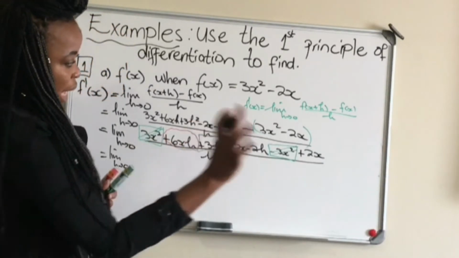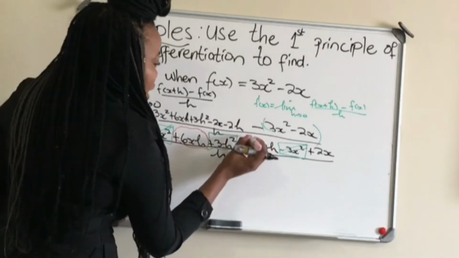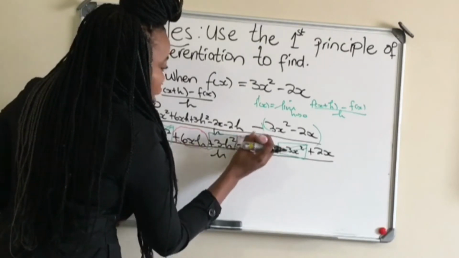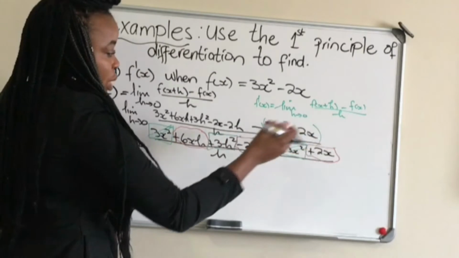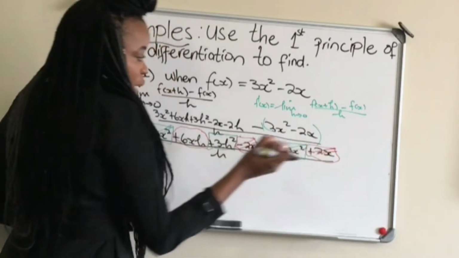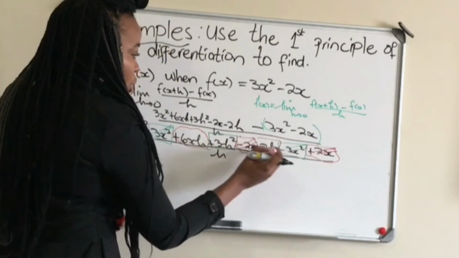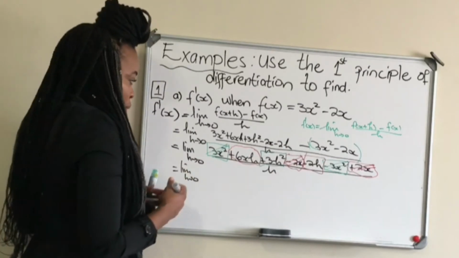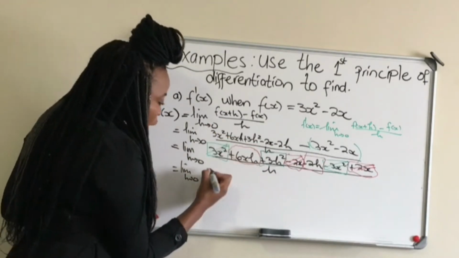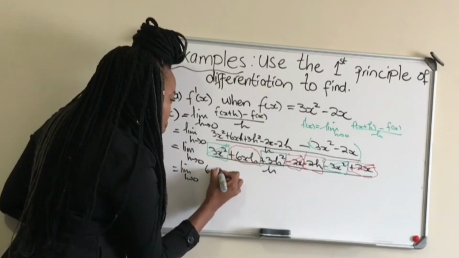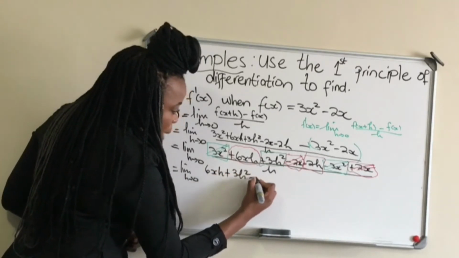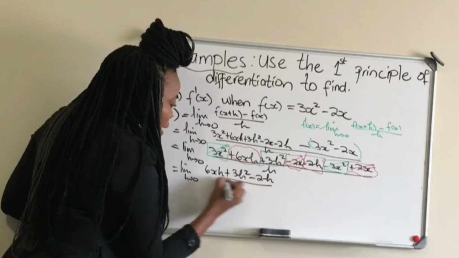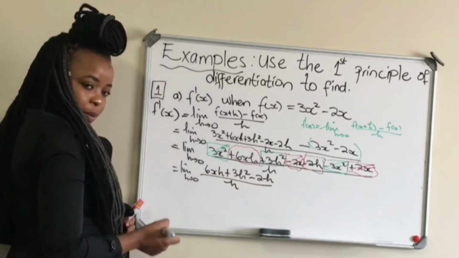It doesn't have a like term. Then we come to negative 2x. Negative 2x and positive 2x are like terms. Negative 2x plus 2x, 0, gone. Then I'm left with this one. It also doesn't have a like term. So then we are left with 6xh plus 3h squared minus 2h, everything over h, right?